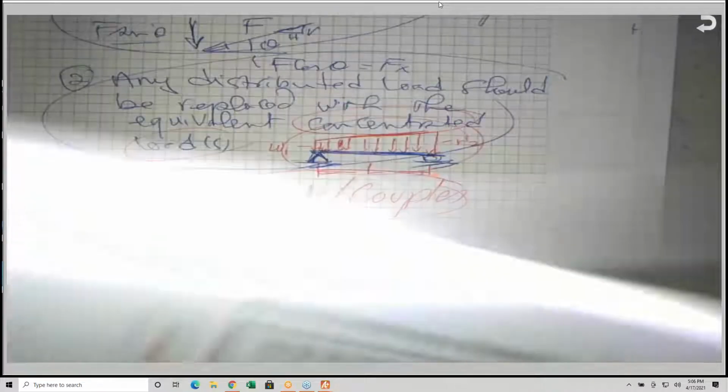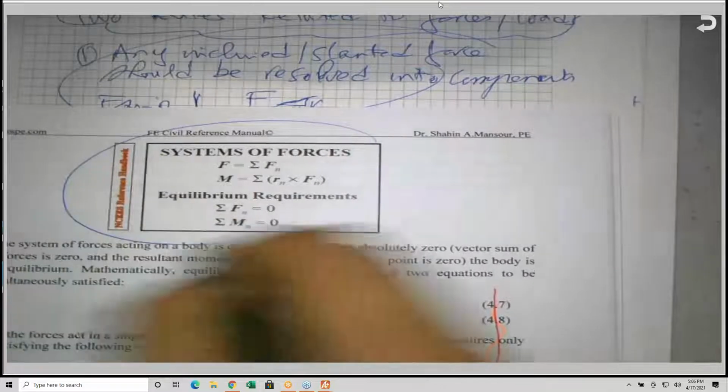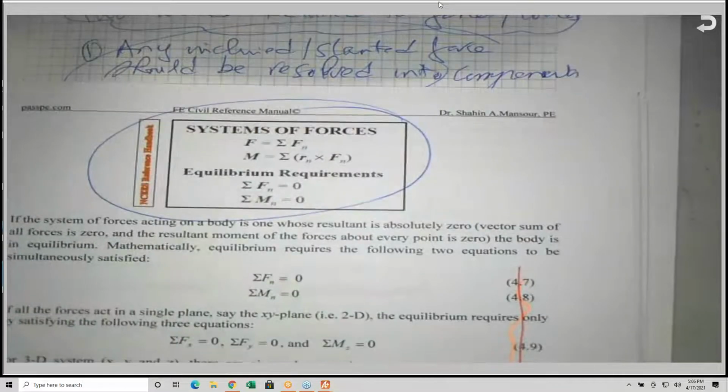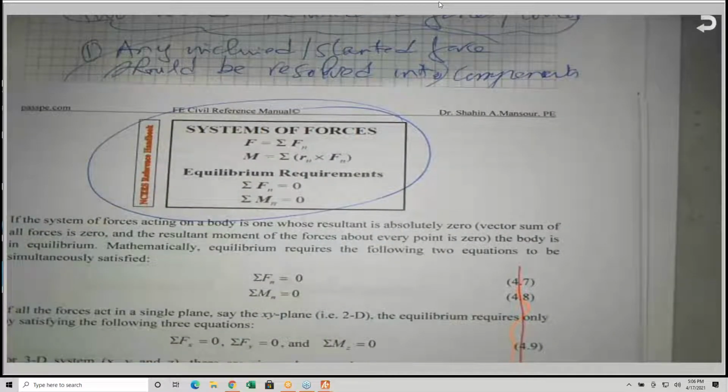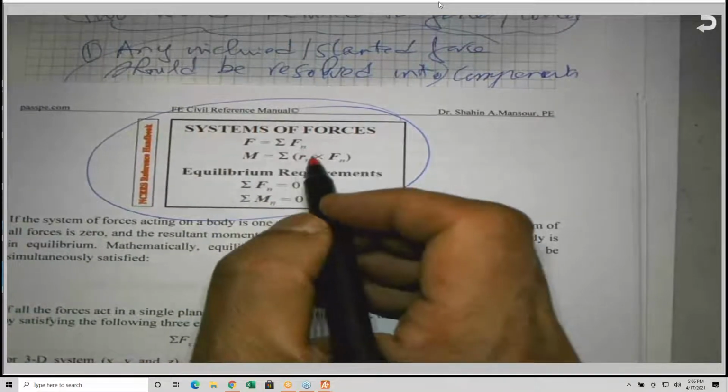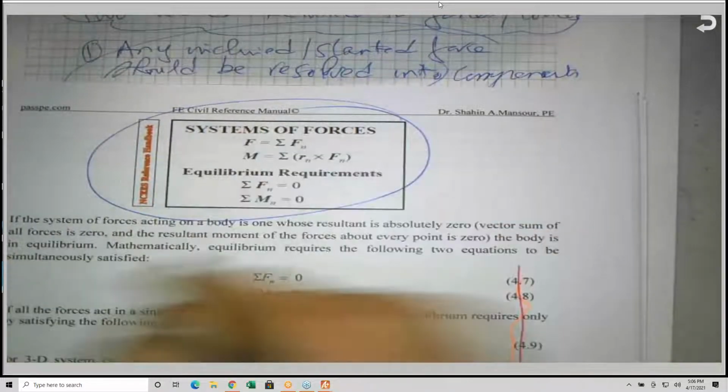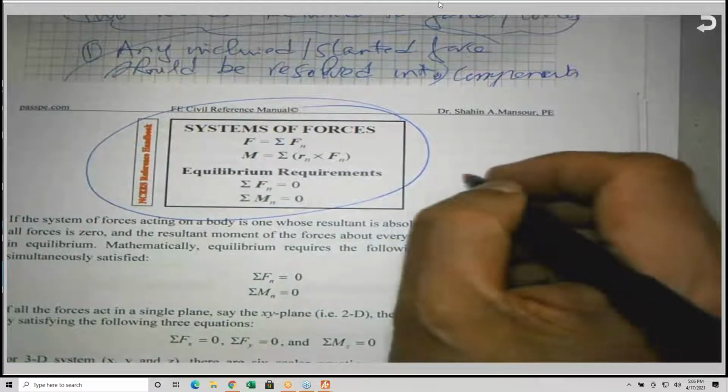The following section is what you will see on the exam, the information that's given in the NCEES formula book, which I hope all of you get a chance to download, or you already have.